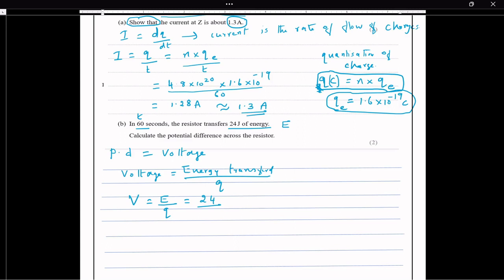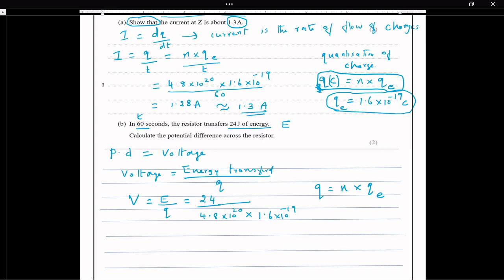Let me calculate one more time. Q is the number of charges times the charge of an electron. We have already seen 4.8 times 10 to the power of 20 times the charge of an electron, 1.6 times 10 to the power of minus 19.